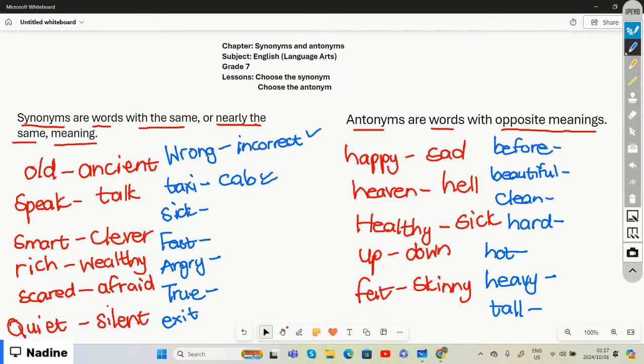What's another word for sick? Yes, so another word for sick is ill. Well done. Another word for fast. Another word for angry. True, exit. Or the opposite of before, the opposite of beautiful, the opposite of clean, hard, hot, heavy, and tall.